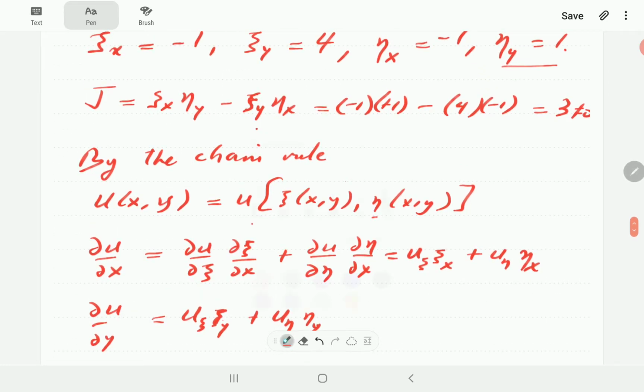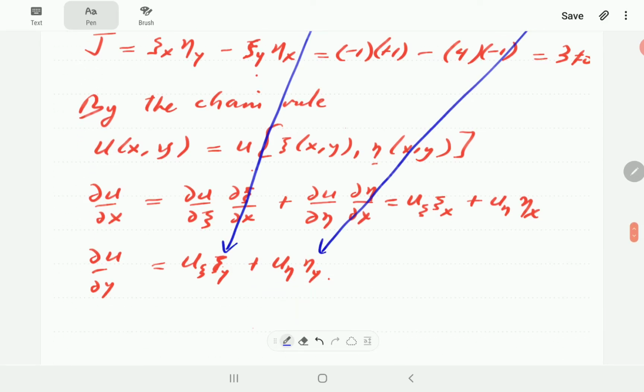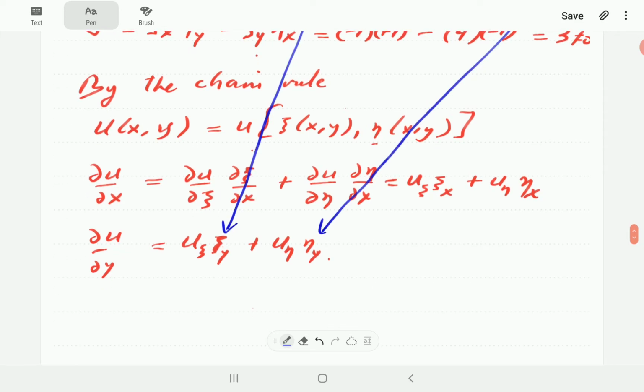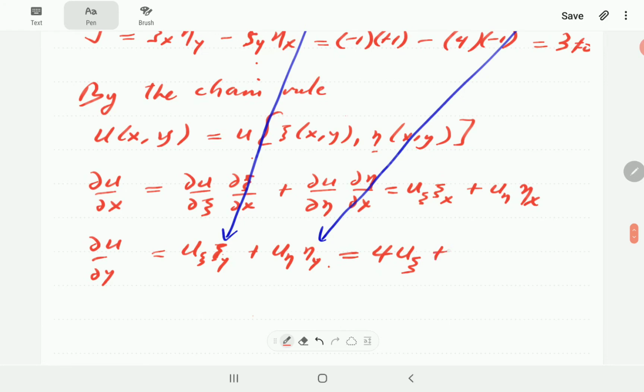For instance, for the y derivative, we're simply going to take this and plug it in here, and then take this and plug it in there, and then the y derivative is done. So that means the y derivative is going to be 4u xi, the eta derivative is 1, plus u eta.